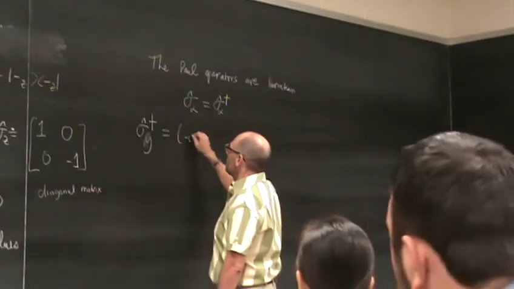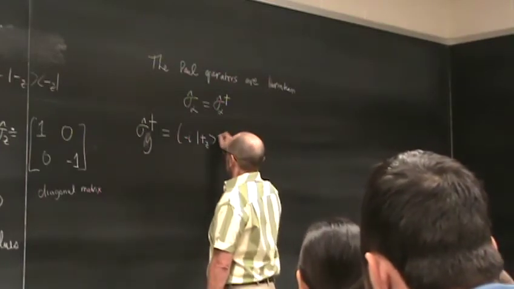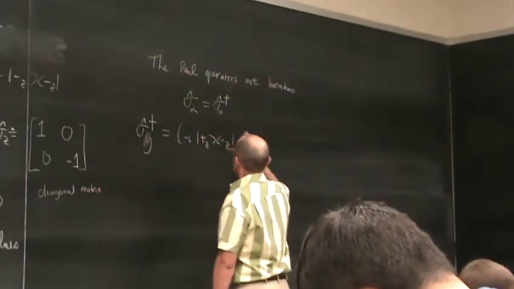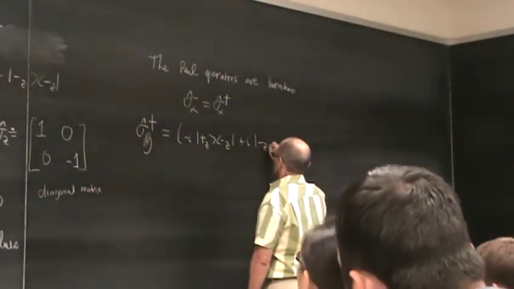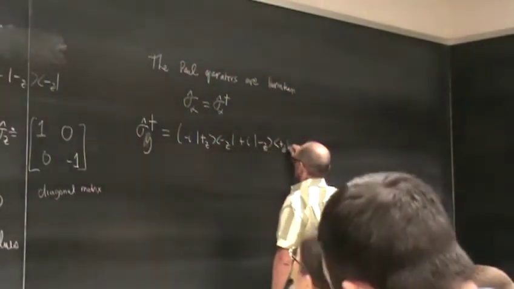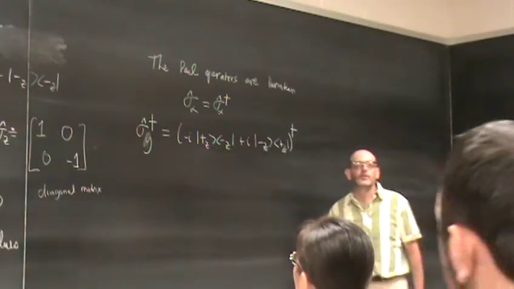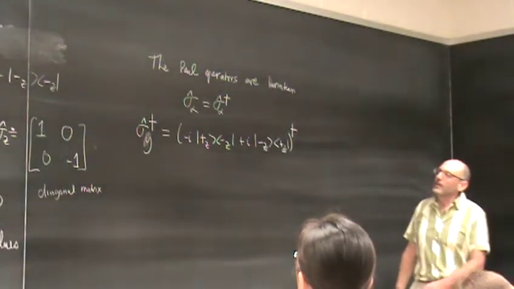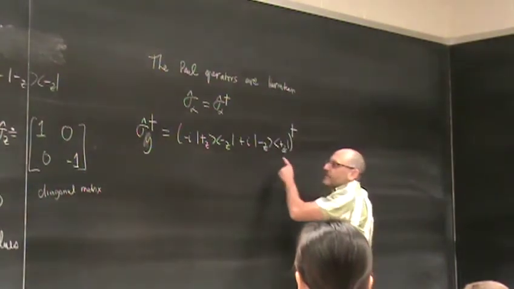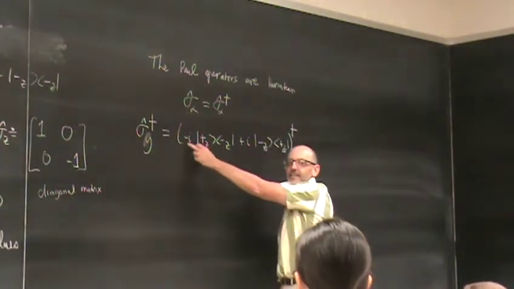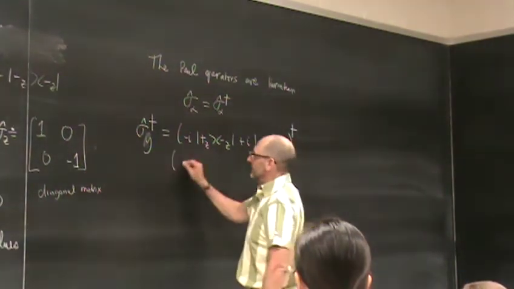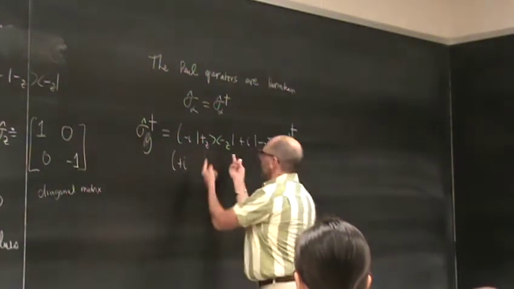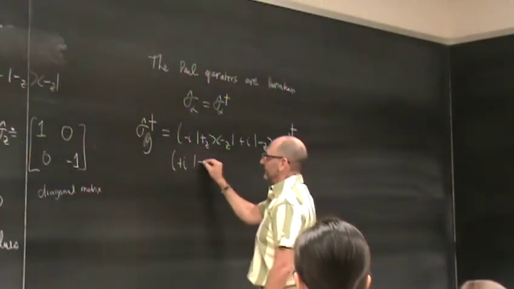So that is the adjoint of that, right? And how do you take that adjoint? Well, the way you take an adjoint is you complex conjugate. So minus i goes to plus i, and then you switch the bras and the kets.